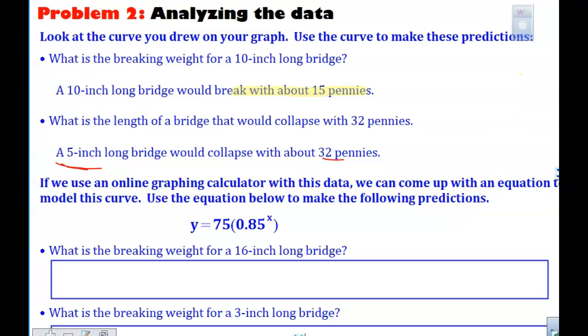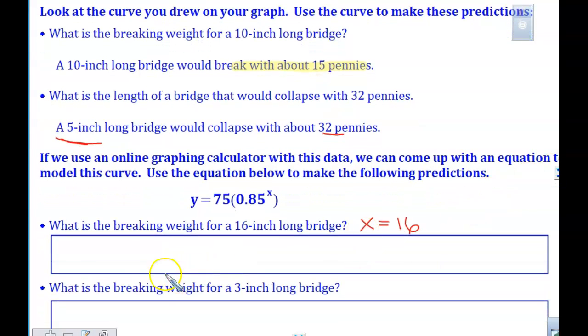So if we want to find the breaking point for a 16-inch bridge, that is when x equals 16. If I give you the equation, what I'm going to ask you to do is take out those calculators of yours. y equals 75 times 0.85.